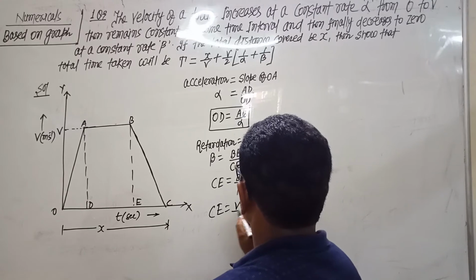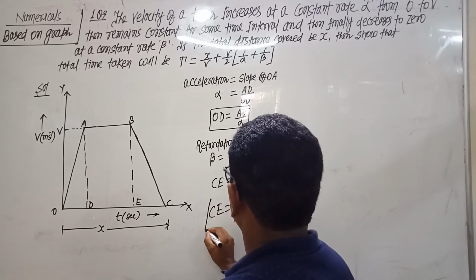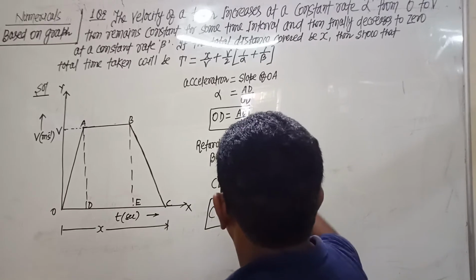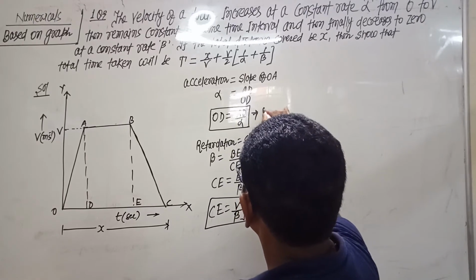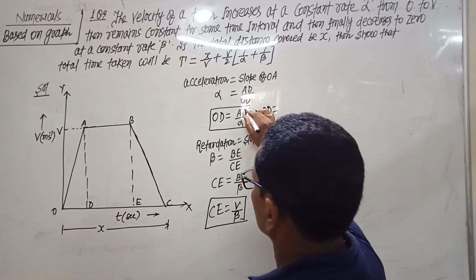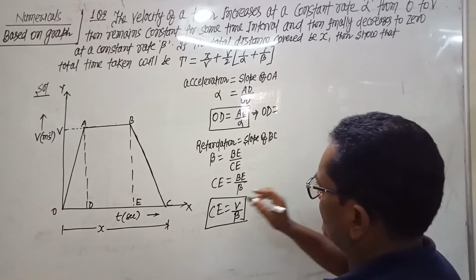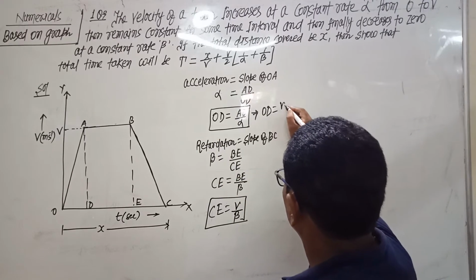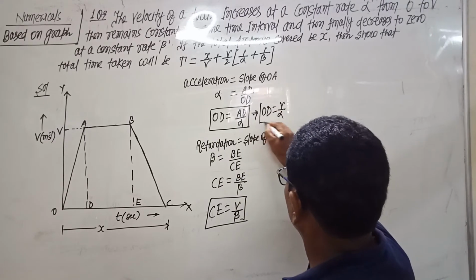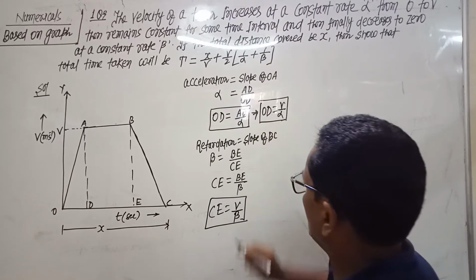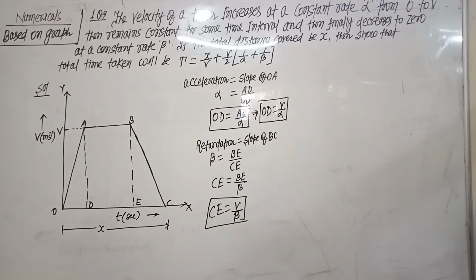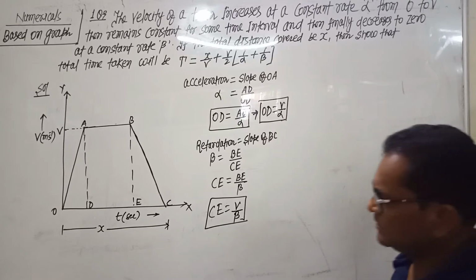So CE becomes v by beta, and OD equals AD upon alpha, and AD is v. So OD equals v by alpha.